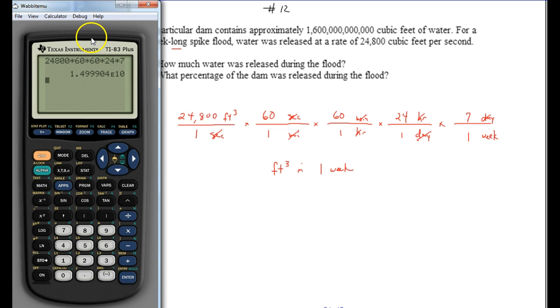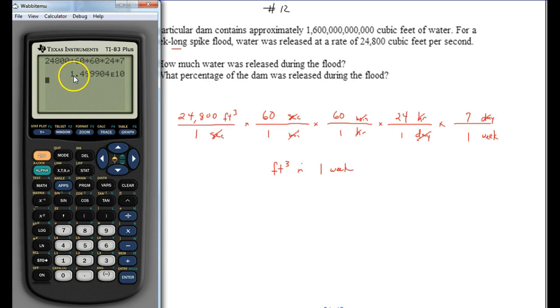So there's what was released during the flood. Now that is in scientific notation, which means that decimal point is actually 10 places to the right, and they're going to expect you to write this in standard notation.